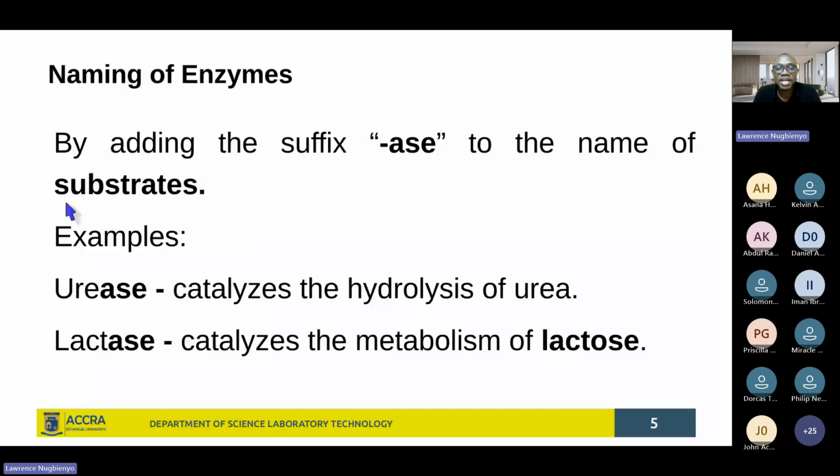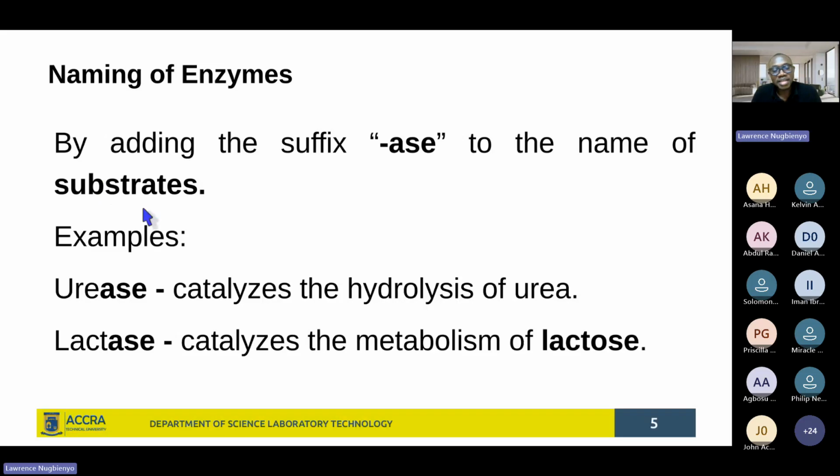because we'll be seeing some enzymes and you see some names, and you should be able to see what the enzyme does just by looking at the name of the enzyme. When you just see the name of the enzyme, you should be able to know that this enzyme will do this.